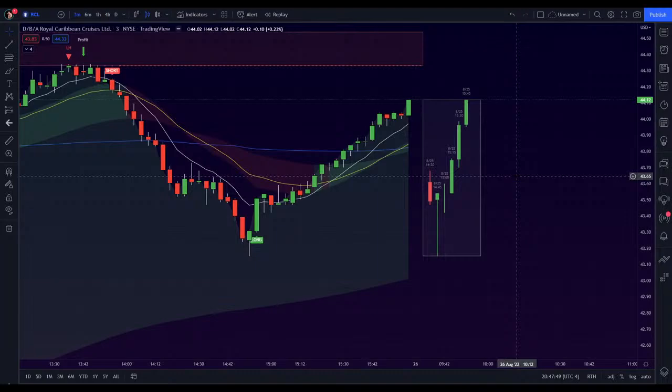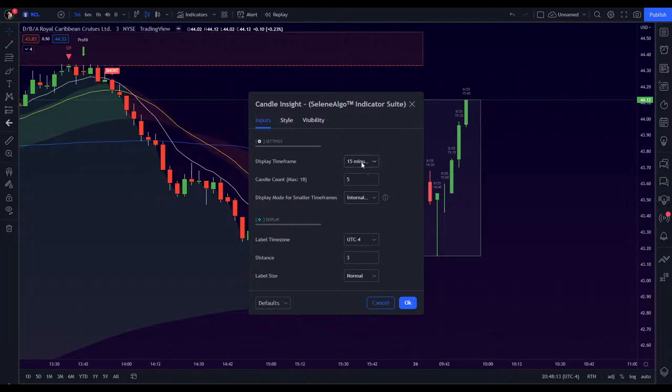Because we're compiling a lot of that minute microeconomic data, and we're displaying it on a higher, smoother time frame. So we're actively looking at a 3-minute, but with the Candle Insight, we're able to be aware of what our 15-minute chart looks like. This is a huge feature. I was super happy when we finally released it. And again, you can be looking at a 15-minute. You can be changing this to an hour, to a week, to a month.